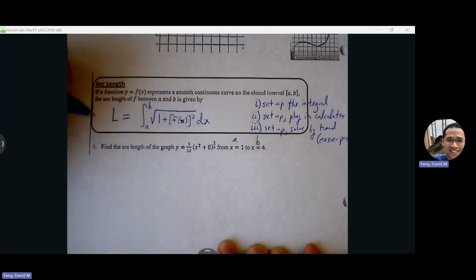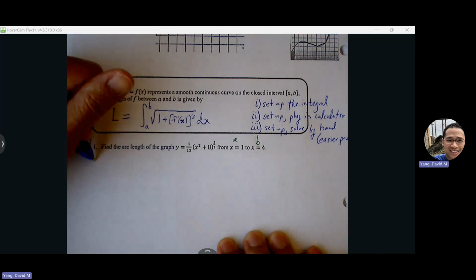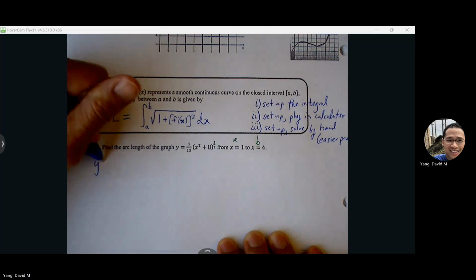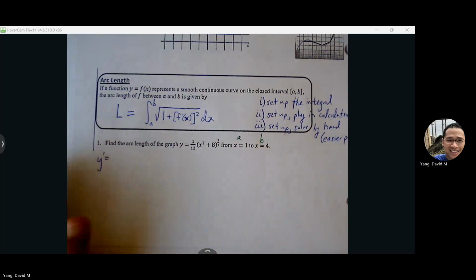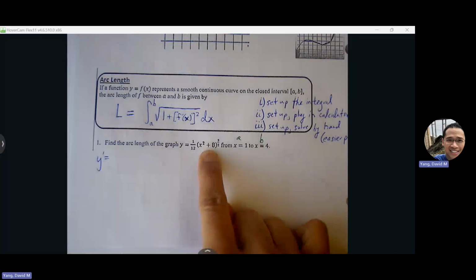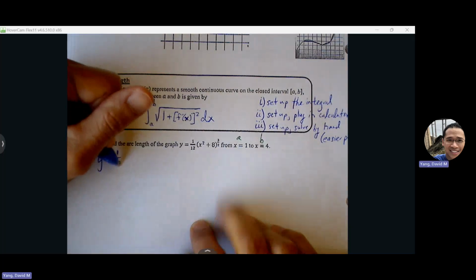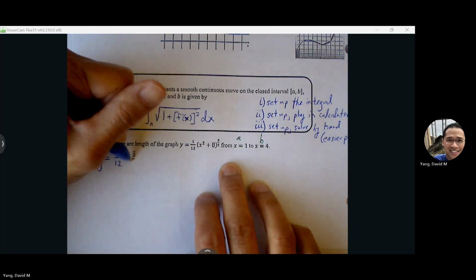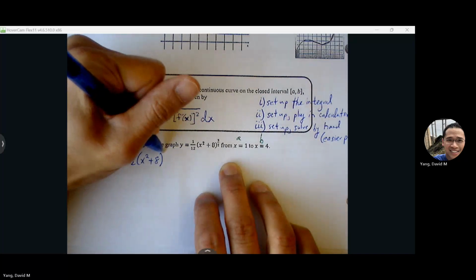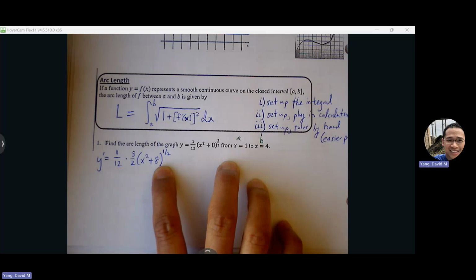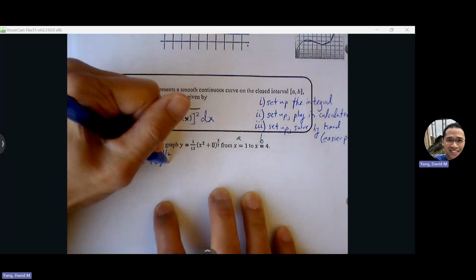So let's find y prime, and y prime will take the role of f prime. This one we can do with the chain rule for derivatives: outside times inside derivative. We'll take the outside derivative first, bring down the exponent, subtract 1 from the exponent, times the inside derivative.